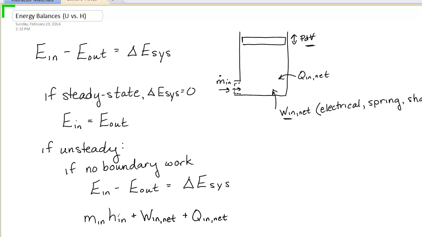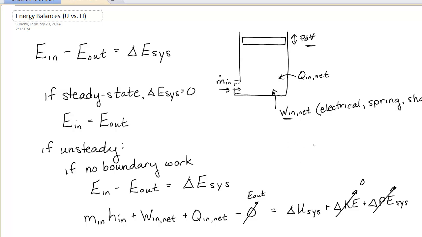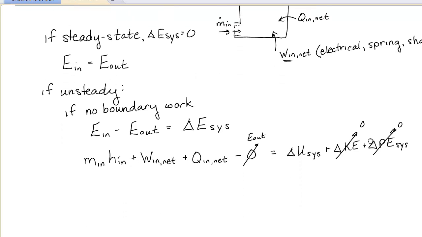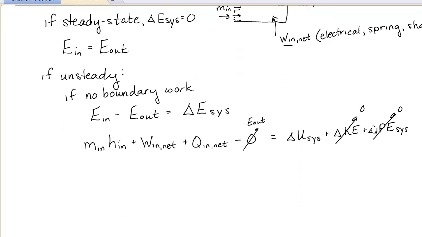The way that I've drawn it and defined my terms here, there's no energy out. That equals our change in energy of the system. The change in internal energy of our system plus the change in kinetic energy plus the change in potential energy of the system. And we typically, in thermodynamic systems, have no change in kinetic energy or potential energy of the system. So that's where we would get with this case.